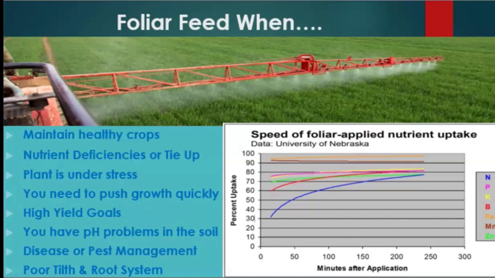If there is an imbalance, sometimes that can tie up because there are antagonistic relationships for different nutrients in the soil, which can tie it up, which means it isn't getting in through the roots, which means you might have to get it in through a different method, which may be a foliar. If it's under stress, pH problems in the soil, disease or pest management, or poor tilth and root system. And that's why, I'll say it again, we take a systematic approach, right?